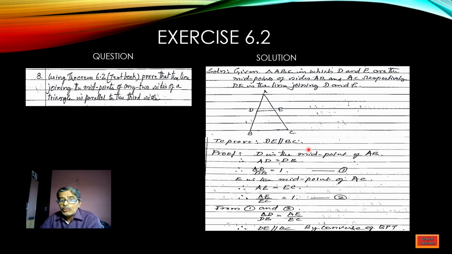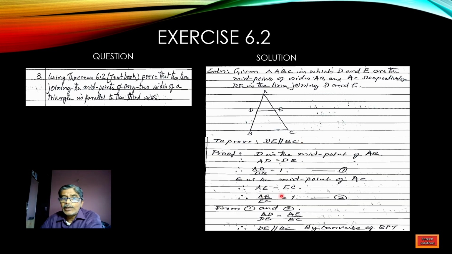So now how to prove it? Let us see the proof. D is the midpoint of AB, as clearly told in the problem. So AD will be equal to DB. So AD by DB is equal to 1, and we will call it 1. And E is the midpoint of the other side AC.